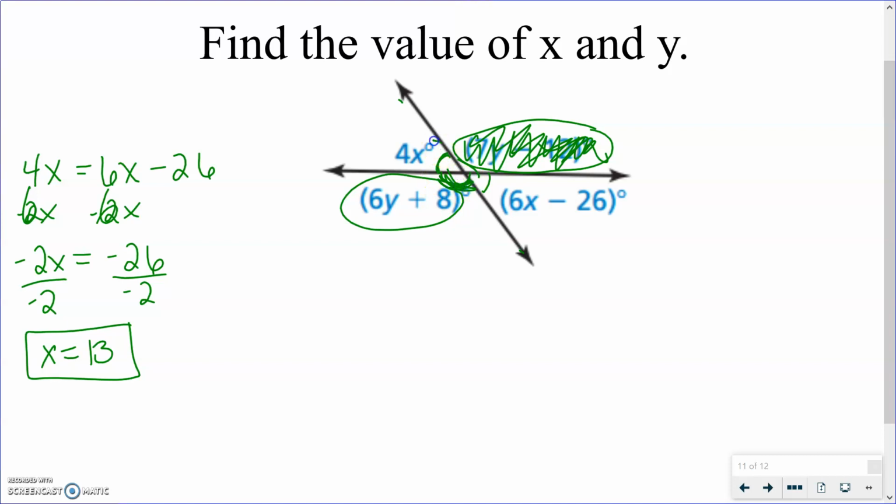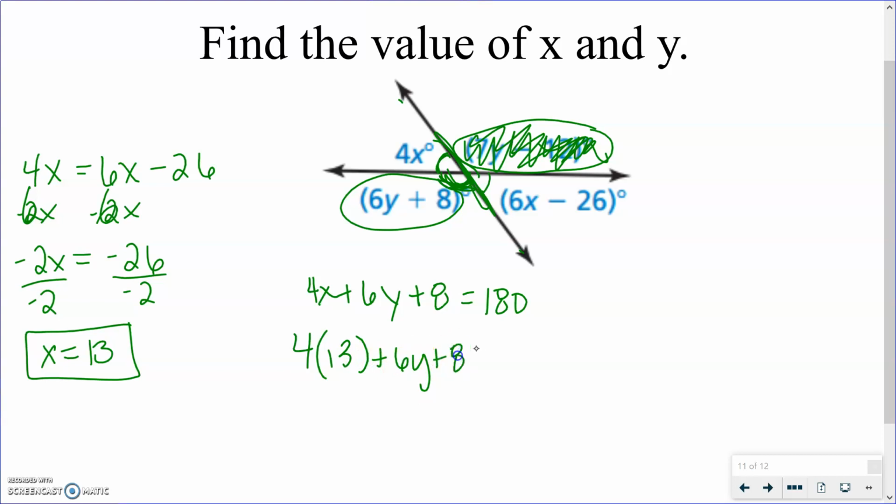So I see that 4x and 6y plus 8, those are supplementary. They're a linear pair because they add up to 180 degrees. So I can write the equation 4x plus 6y plus 8 equals 180. And I can do it that way because, again, I know they're supplementary. And I also have figured out that x is 13. And so I can then plug that in for my x and then solve this equation from here.